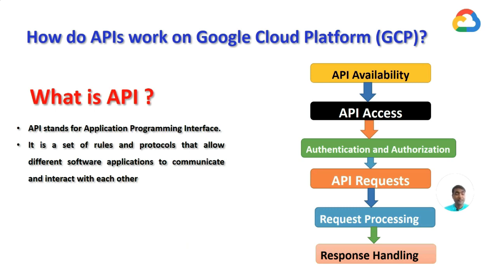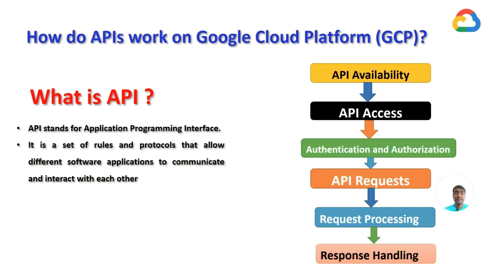API access: to use the GCP API, you need to enable the corresponding APIs for your project through the GCP console or using the Cloud SDK command line tool. Enabling an API makes it available for your project to utilize. Now, authentication and authorization.